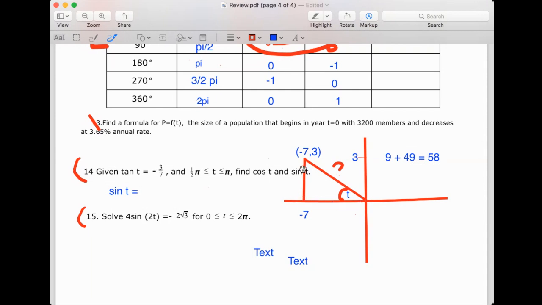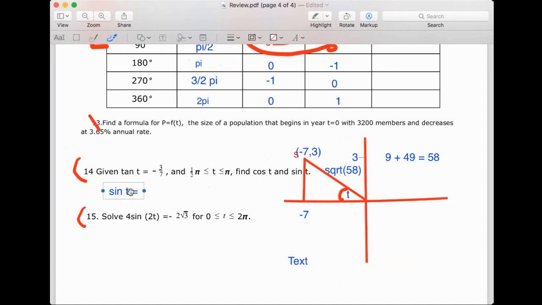So 7 squared plus 3 squared is 9 plus 49, which is 58. So the number for the hypotenuse is the square root of 58. Pythagorean theorem, right?